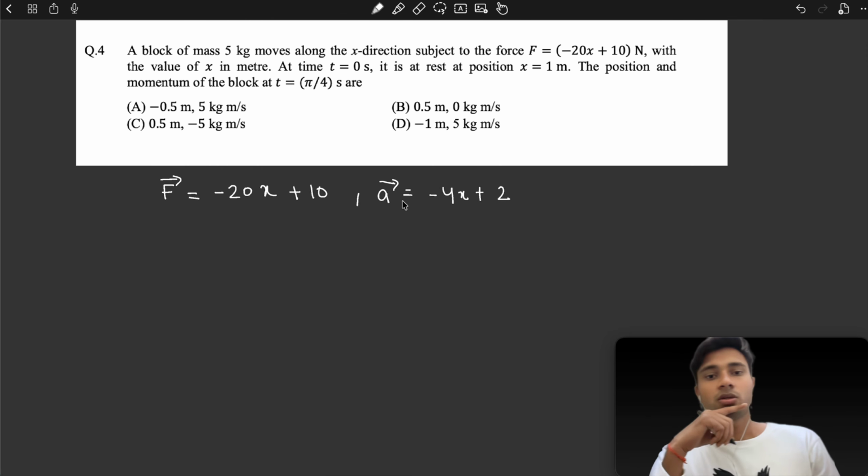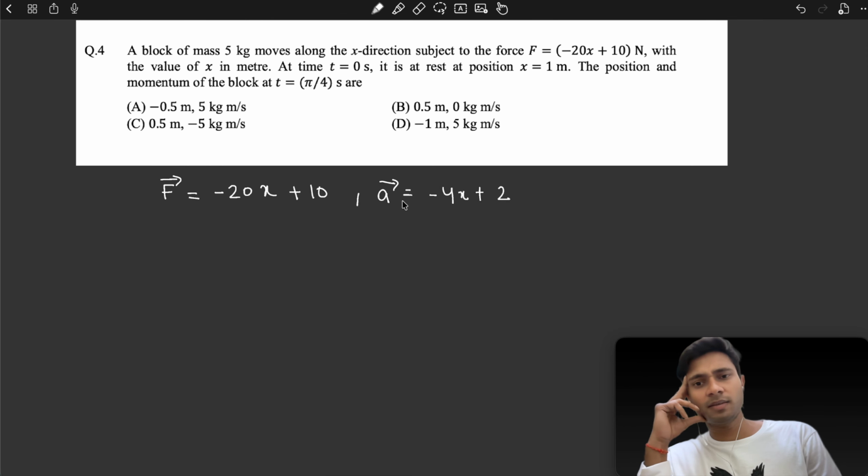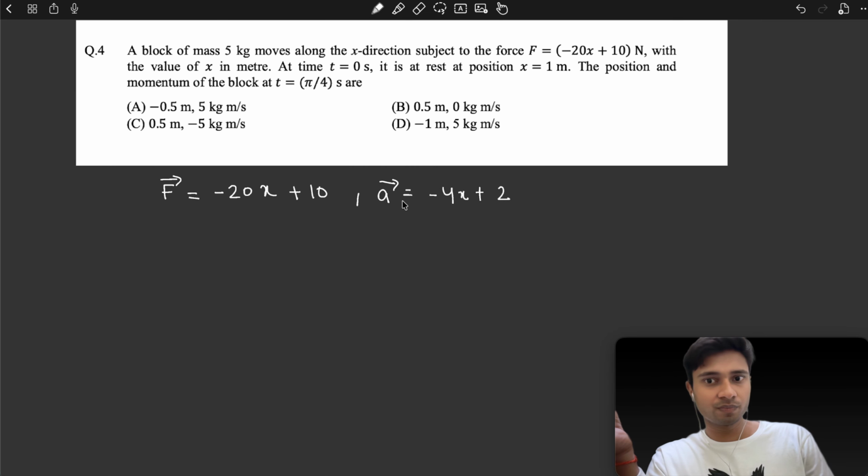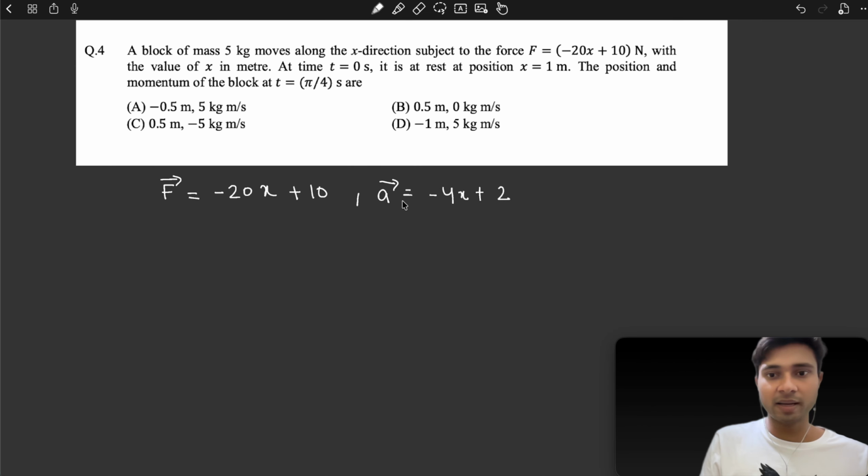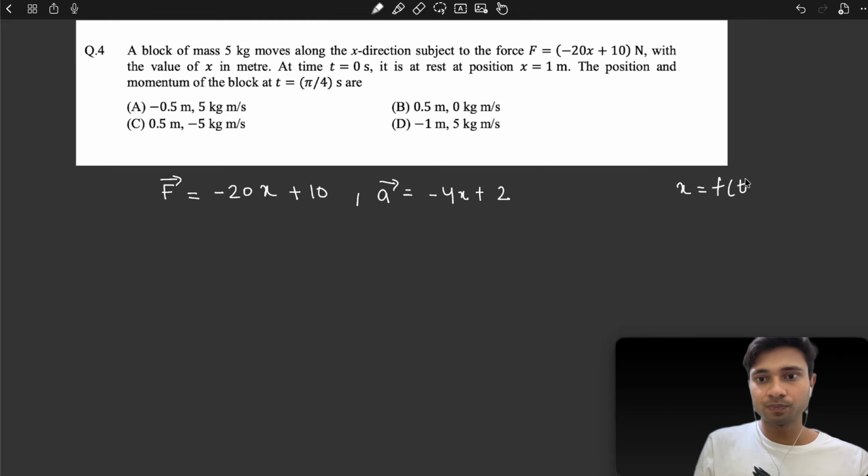Acceleration is given in the x direction. I need position and velocity, right? Momentum is nothing but velocity into mass. So we need position and velocity as a function of time, at a particular time.